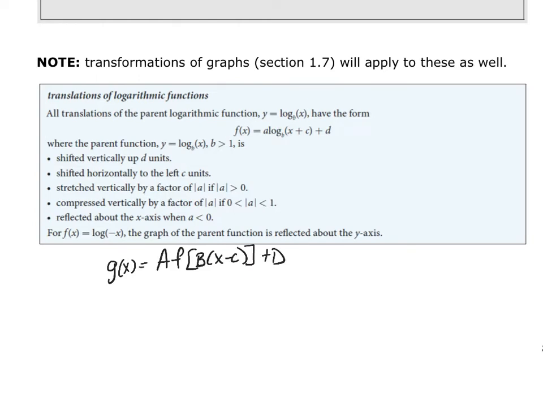The way we're going to see it with logarithmic functions is f of x is equal to some a, the log base b, I can have big B, x minus c, plus d.